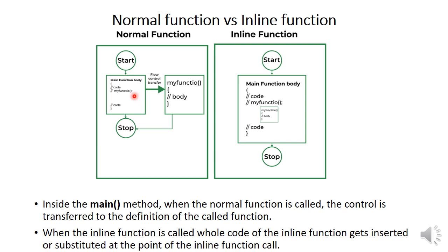it stores the arguments of the function call statement in the stack, and then it immediately transfers the flow control to the function definition. After execution of the function definition, the compiler gets back to executing the code of the calling function after the function call statement.